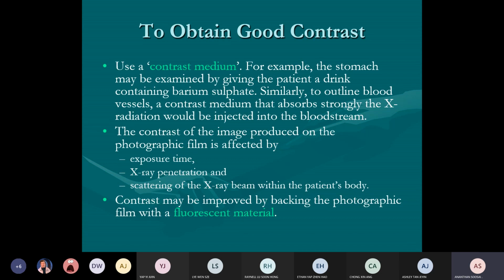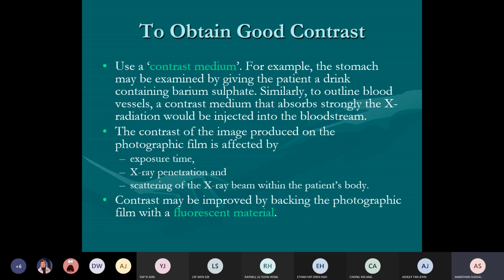How they do the angiogram is they use an X-ray to show real-time imaging of the heart. But they don't want to see the heart. They want to see the blood vessels of the heart.